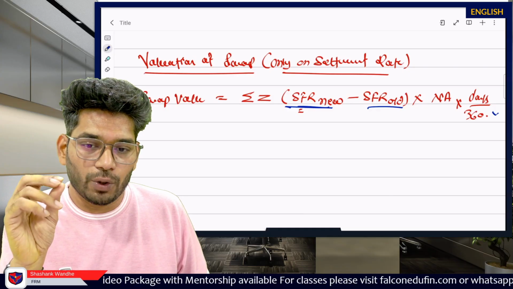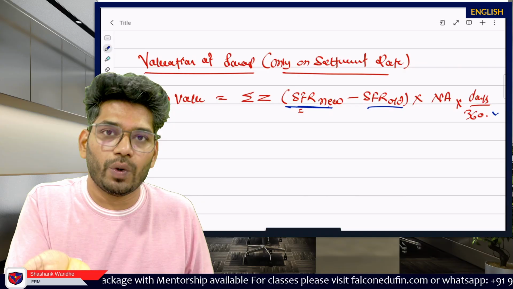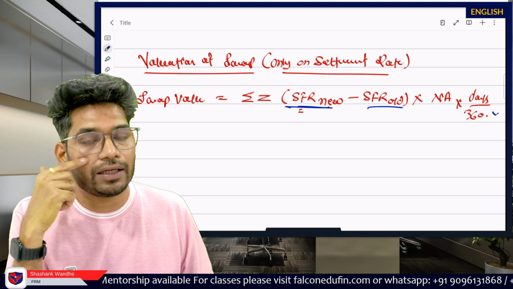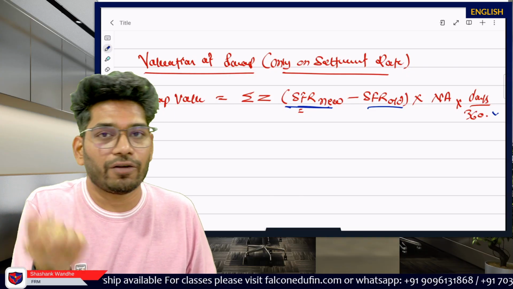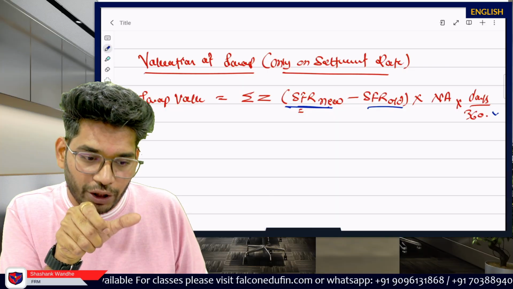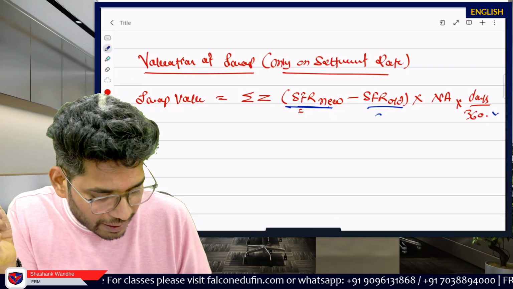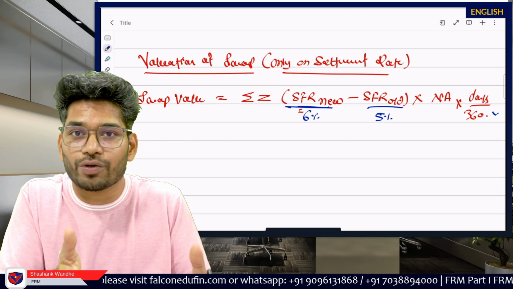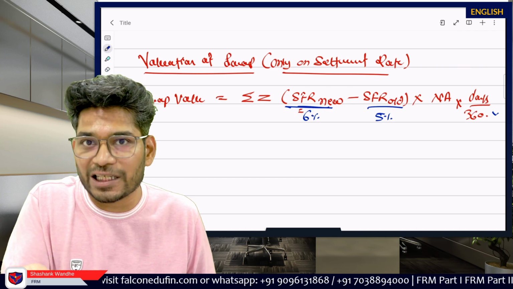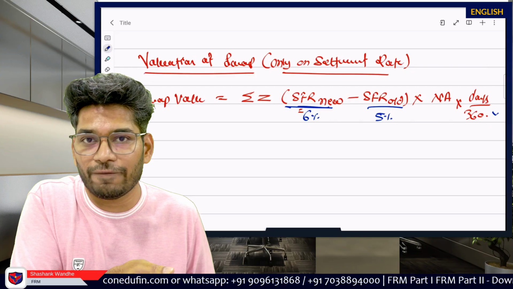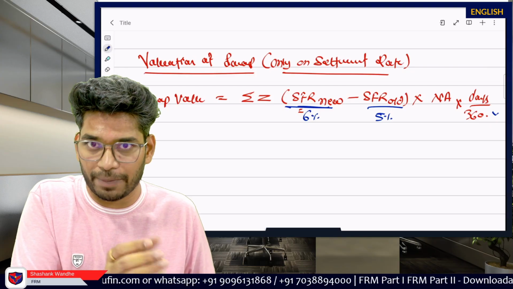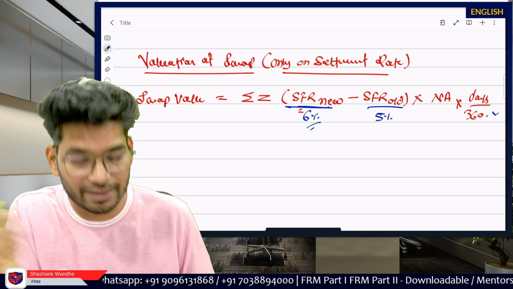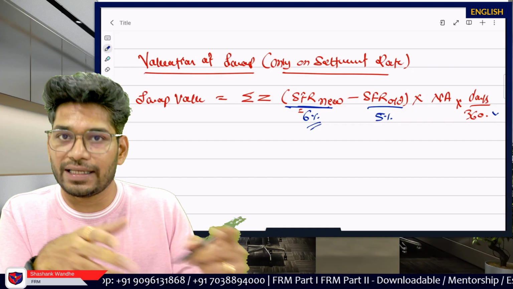If the new SFR is higher than your old SFR, then automatically your swap's value will increase. Your commitment rate is say 5%, and the new SFR says the rate would have been 6%. You're not paying 6%, you are paying only 5%. You have committed to pay 5%, but you are saved from the 6% rate. So 1% is your gain.